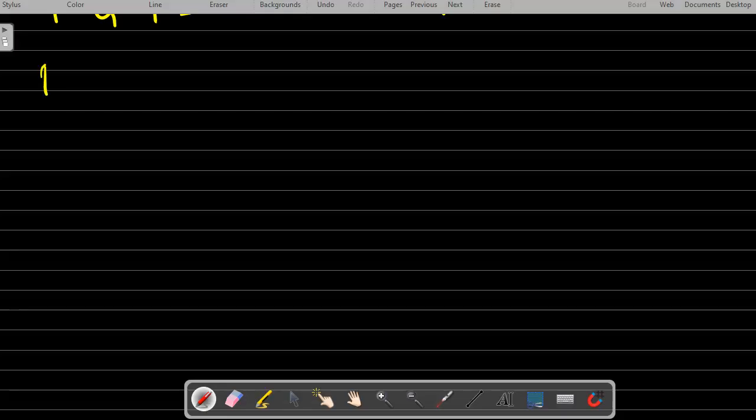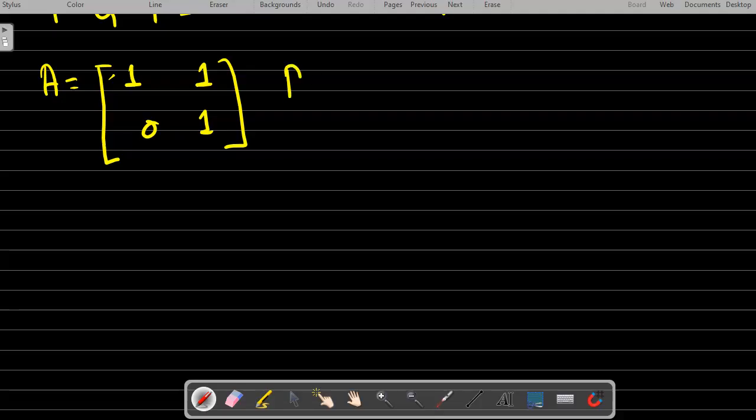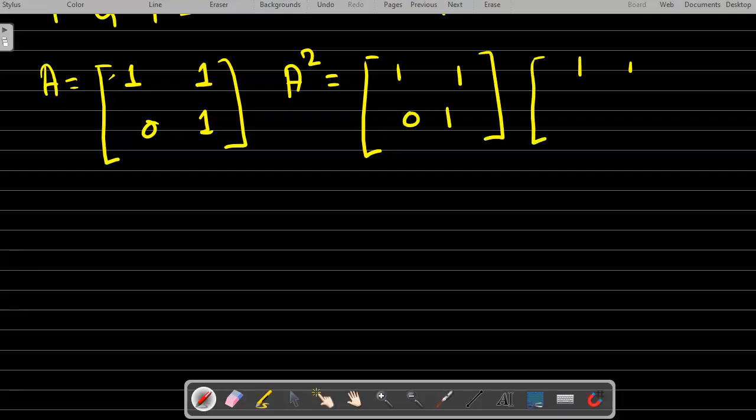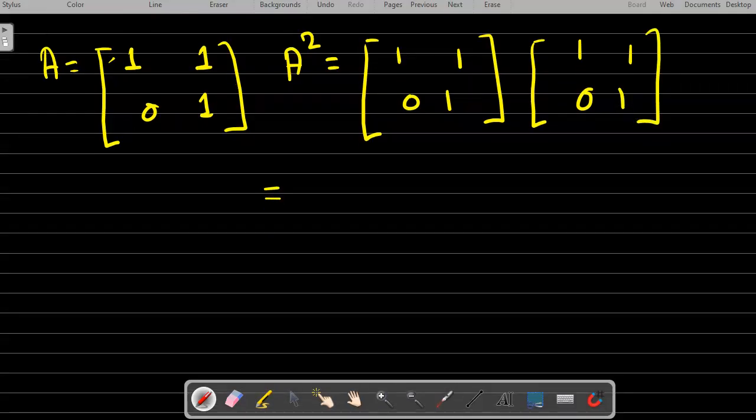Now our A is equal to 1, 1, 0, 1. So from here find A square. A square is equal to multiplication of this 1, 1, 0, 1 multiplied by 1, 1, 0, 1. So matrix multiplication, that is dot product again. With the first row, dot product of the first column, then first row dot product of the second column.